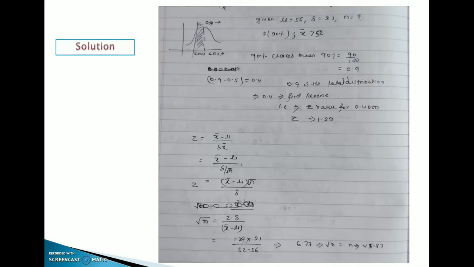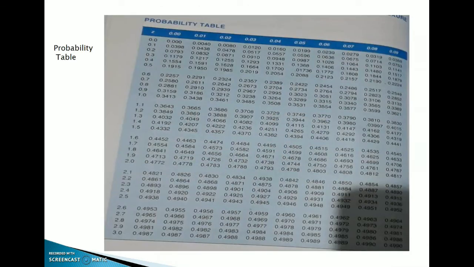Just go through this problem with a cool mind and pay attention to the question, what is given there, and you have the formula in your hand. By putting the respective values in the respective places, you will get the value of n.